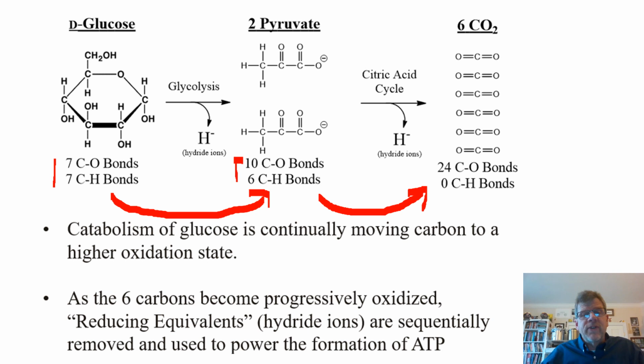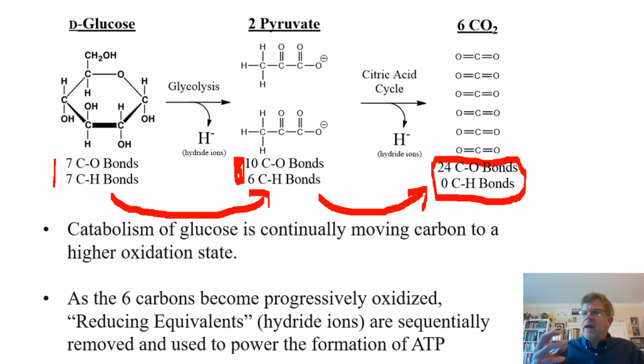We started with 10 carbon-oxygen bonds and 6 carbon-hydrogen bonds. We extract all reducing equivalents out of it, meaning there are no more CH bonds. Look at this: 24 carbon-oxygen bonds, 0 carbon-hydrogen bonds. This carbon dioxide is as oxidized as carbon can get.